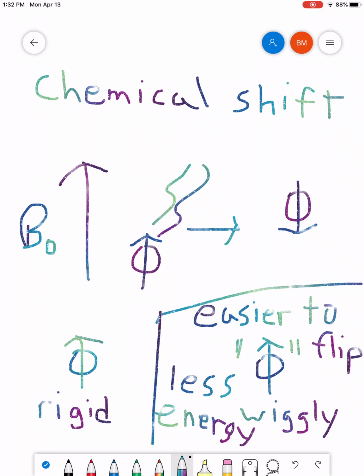To get a rigidly held nucleus to spin flip, you have to blast it with a pretty high energy radio wave to get it to flip up, right? And this is going to manifest itself on your chemical shift scale, right? The nuclei that take more energy, the higher energy radio waves, they're going to appear further downfield. The ones that are lower energy, they are going to appear further upfield.